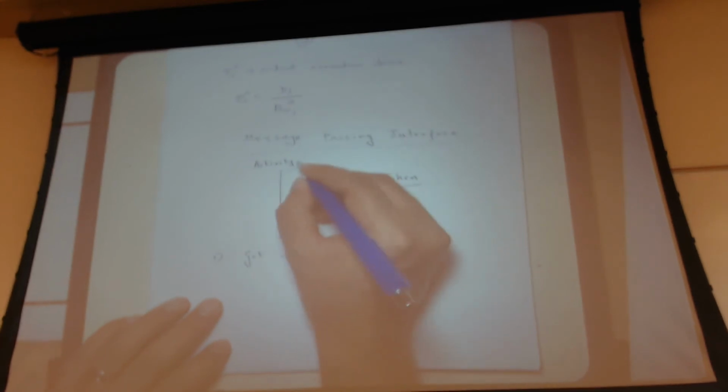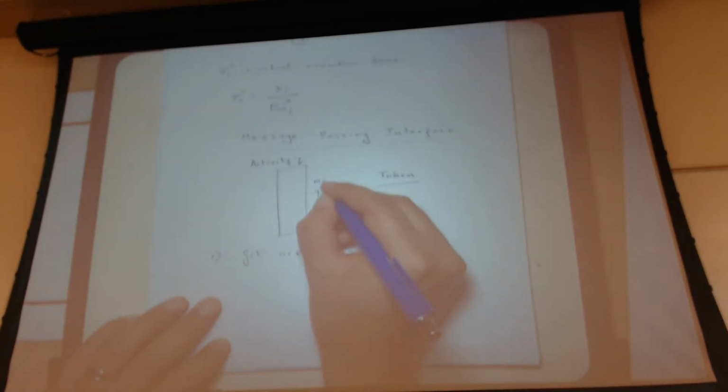So let's say this is the activity thread, for example. The activity thread has this queue, which is also called the message queue, and it also has the token. Now, a service thread or background thread: what does it have to do?